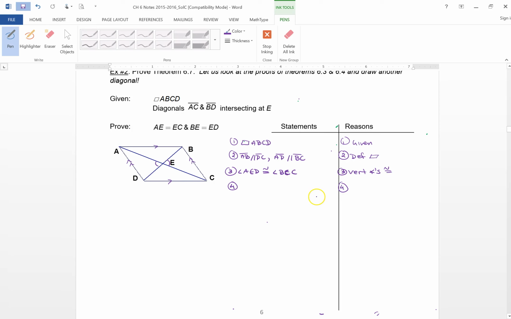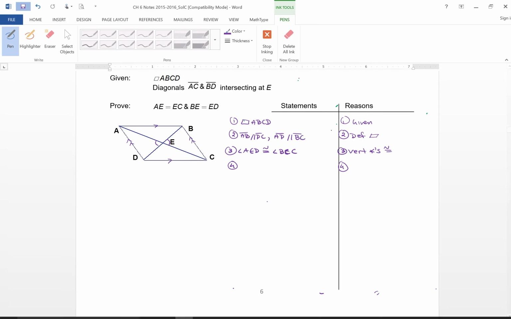Next, this angle now is congruent to this angle, right? Because of alternate interior angles. Right, either or.